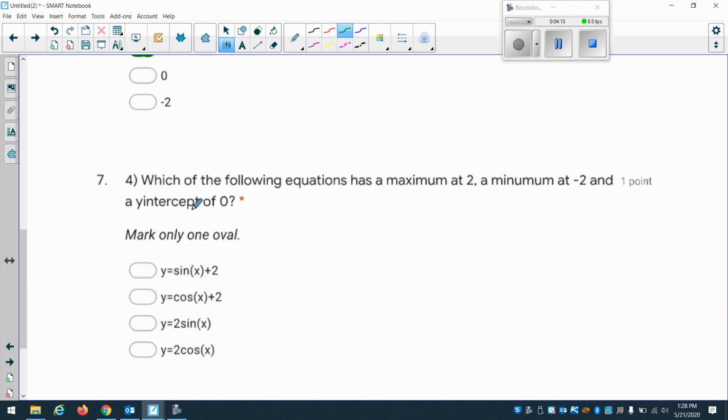Now, which of the following equations has a maximum of 2, minimum of -2, and y-intercept of 0? If your max and min are the same distance, that means your midline is at 0. And again, we're only focusing on sine. If you start at the midline and count 2 above for your maximum and 2 below for your minimum, that means you have an amplitude of 2.